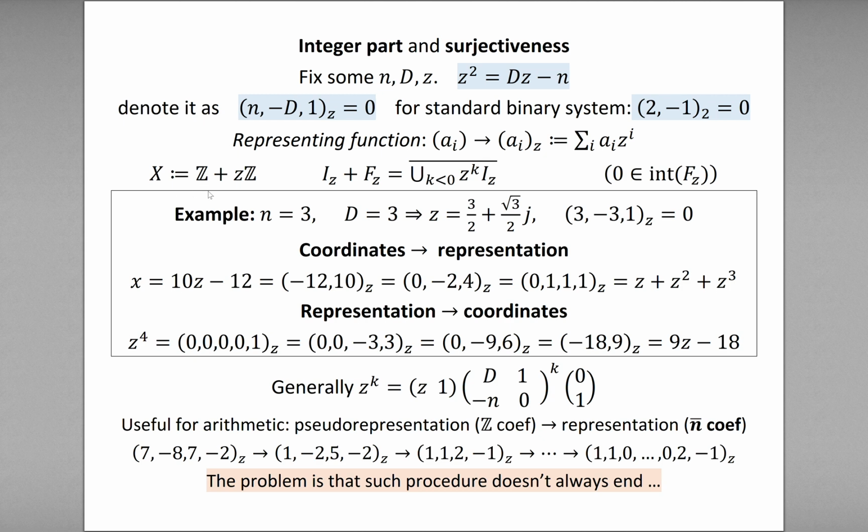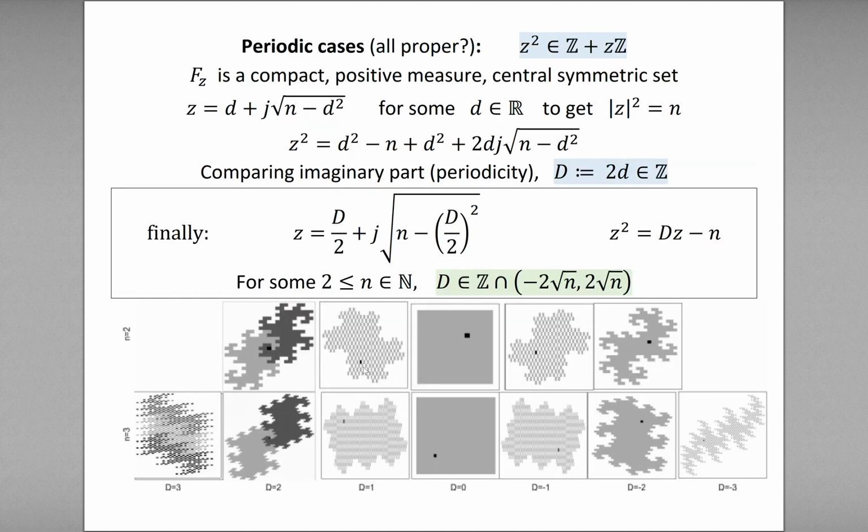For example, for n equal 3, d equal 3, we have z as this number. So we have these three fractals. We can have a problem, as here, that the zero is at the boundary, and in fact we cannot always find the representation.